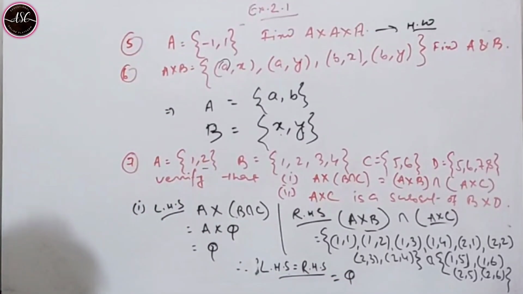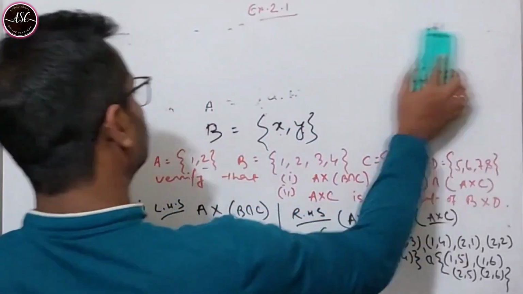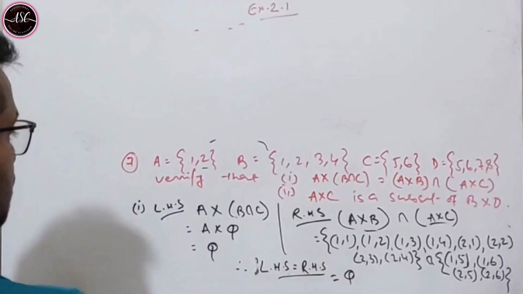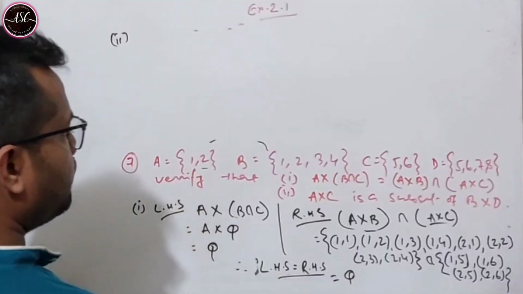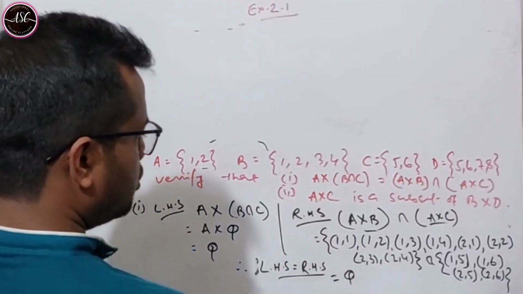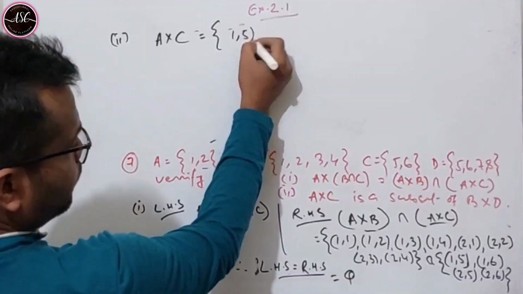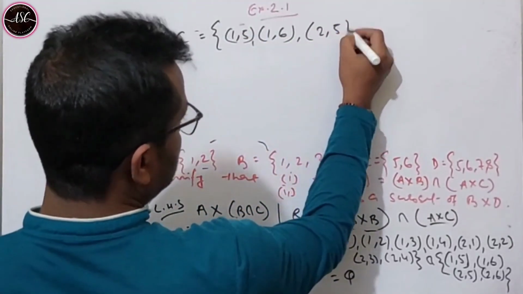Now question number 2. A cross C subset of B cross D. So we get A cross C equal to (1,5), (1,6), (2,5), and (2,6). Okay.